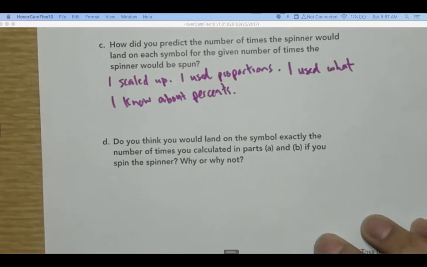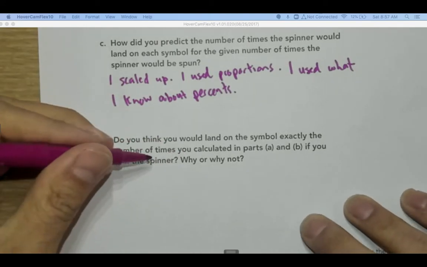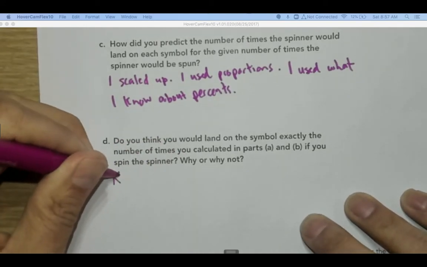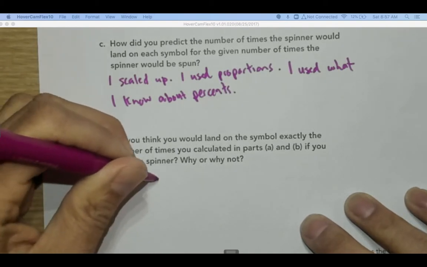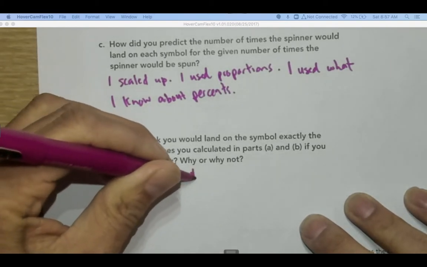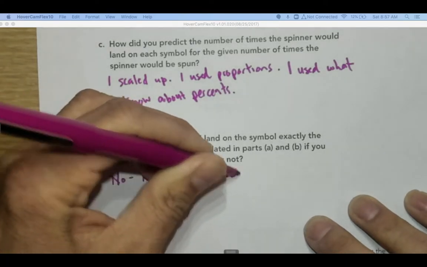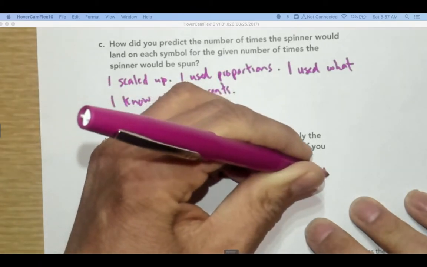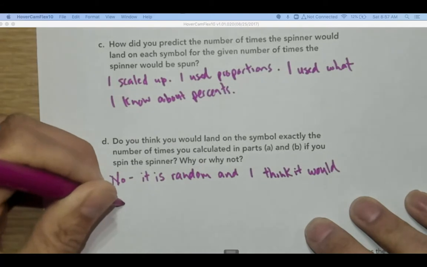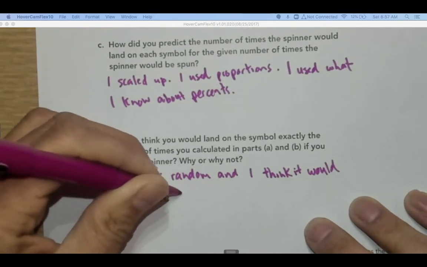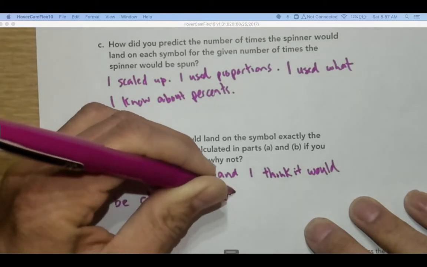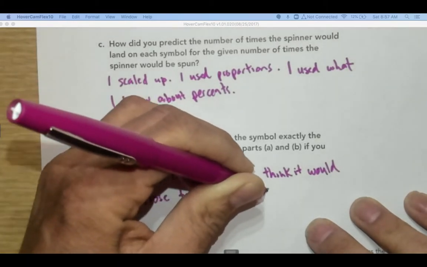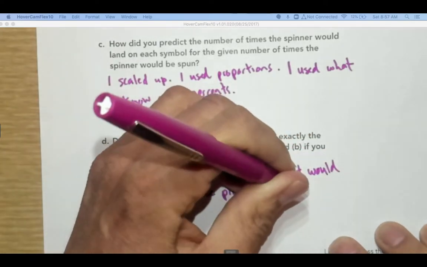Do you think you would land on the symbol exactly the number of times you calculated in parts A and B if you spin the spinner? Why or why not? No. It is random, and I think it would be close to the prediction, but not exact.